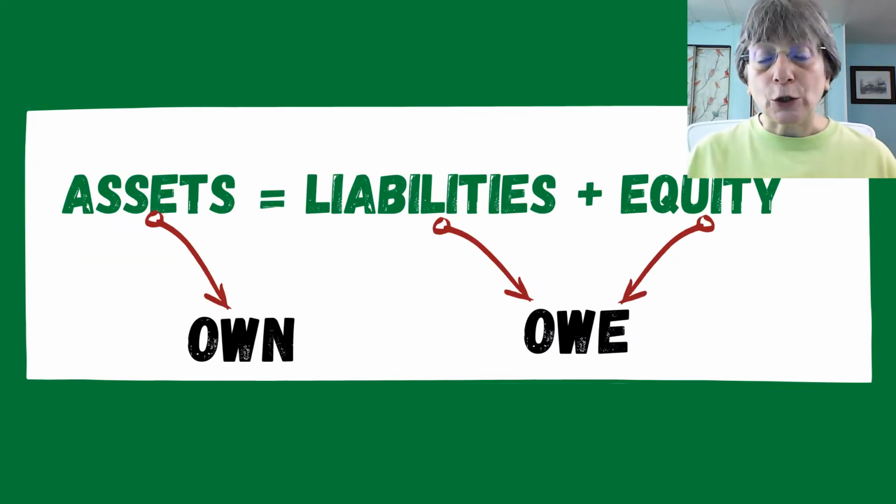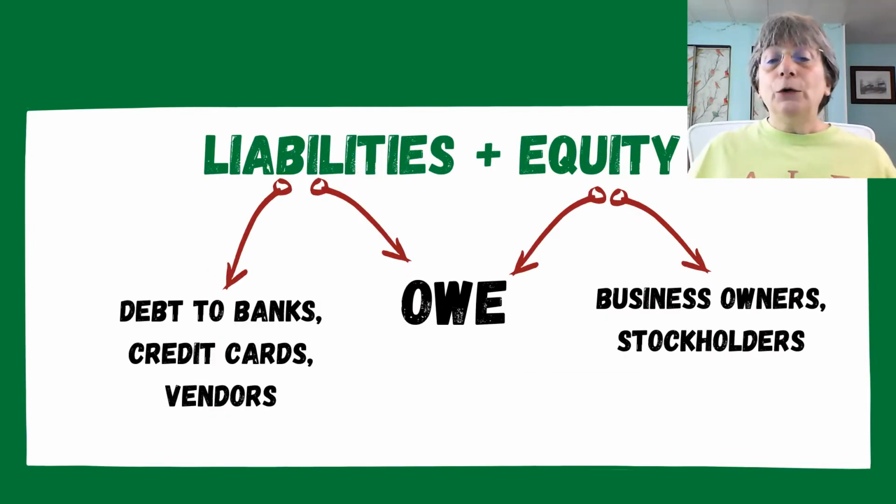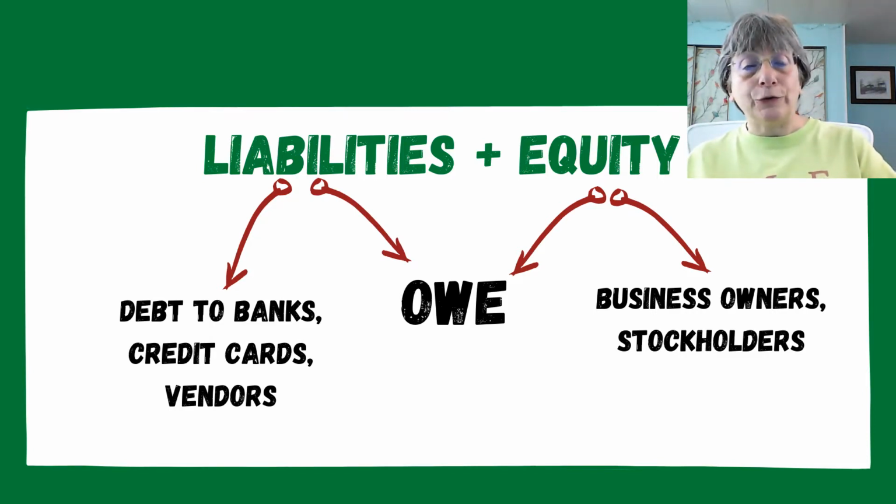But as a refresher, assets are things that a business owns. Liabilities and equity are what a business owes. So liabilities are owed to a third party like a bank or a credit card or a vendor. Equity is owed to the business owners or the stockholders, right?